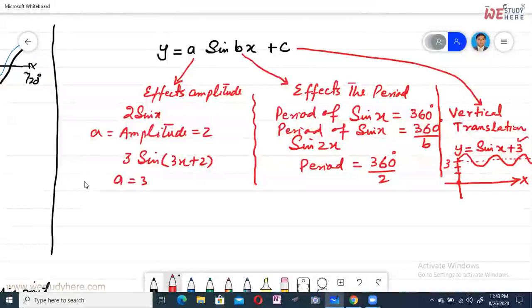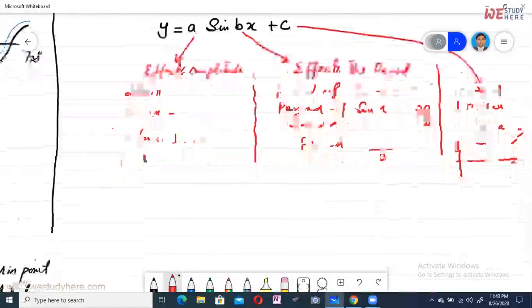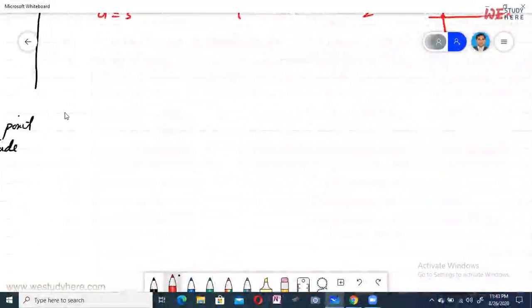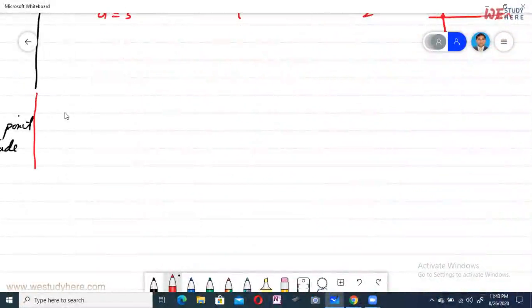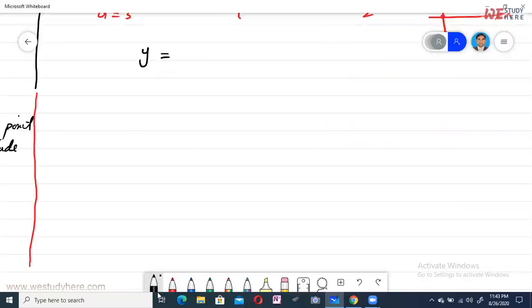Now after that, we'll discuss cos. Y is equal to a cos bx plus c.